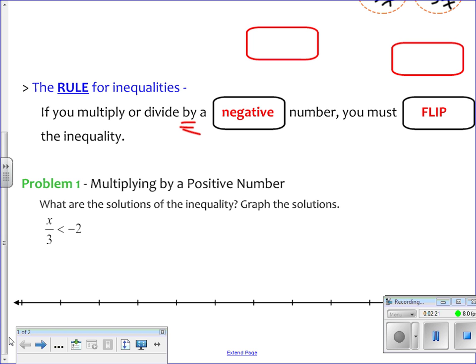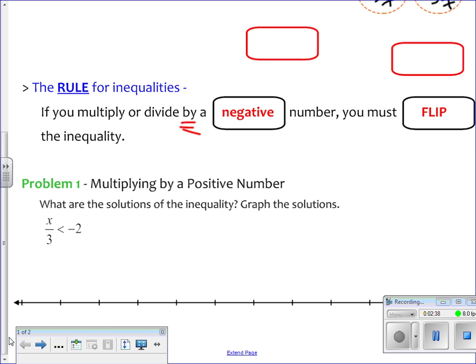If the thing you're doing to both sides is negative, the inequality flips. But it must be what you're doing to both sides. If what you're doing to both sides is positive, you don't have to change a thing.